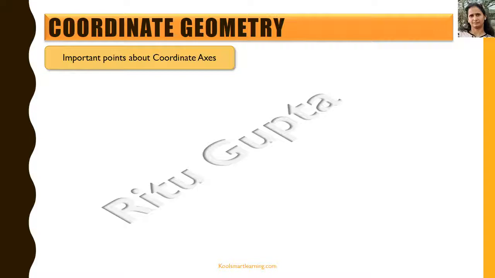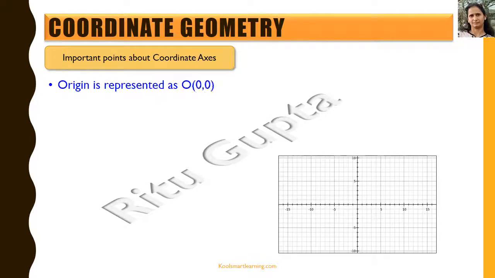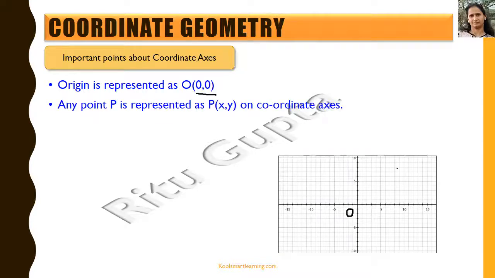So friends, now let's look at the important points about the coordinate axes. The origin of the coordinate plane is represented by O, which is (0, 0). Any point P is represented on the coordinate plane by an ordered pair (x, y).